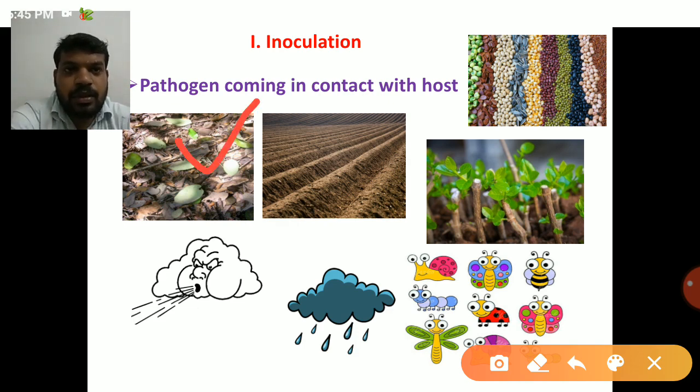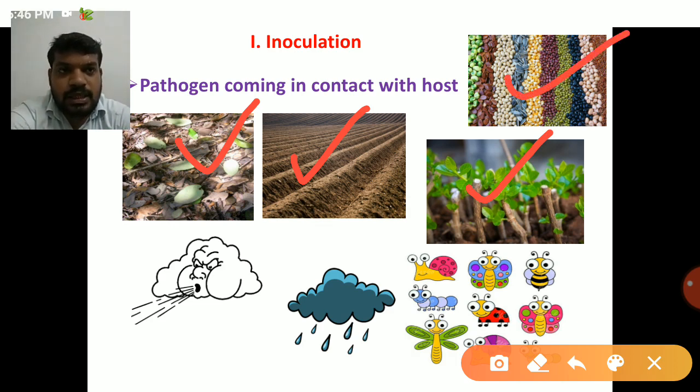The inoculum may be overwintered in previous season crop debris, and also in the soil of a particular field, and also through planting material like scion materials, grafting, cuttings. So next, through seeds.